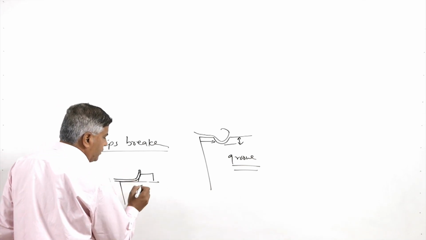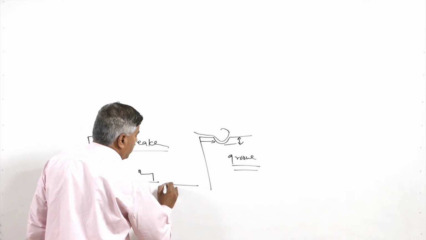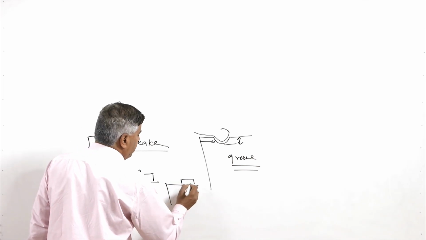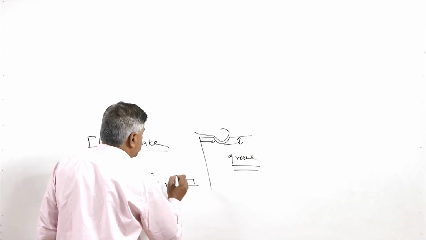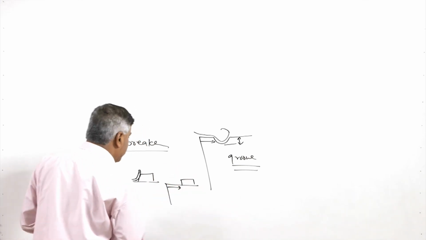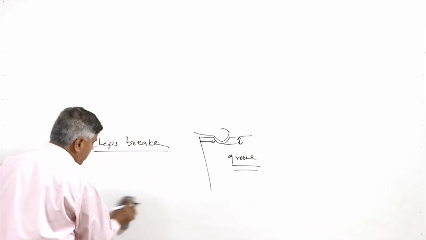The height and location of the obstruction govern the effectiveness of this kind of chip breaker.